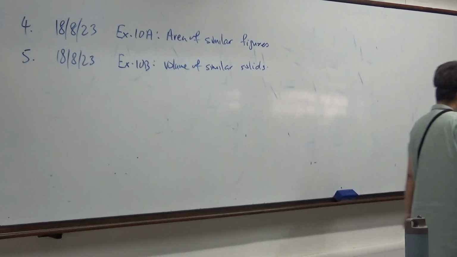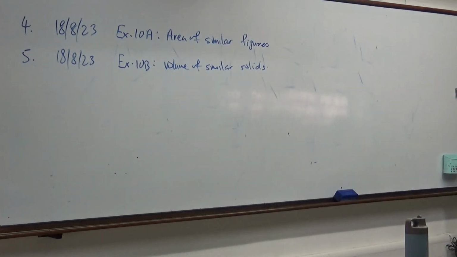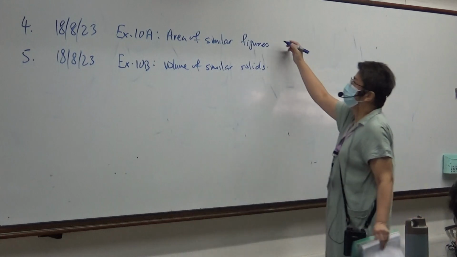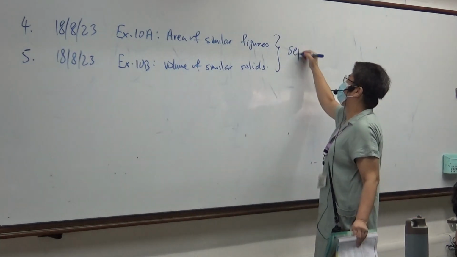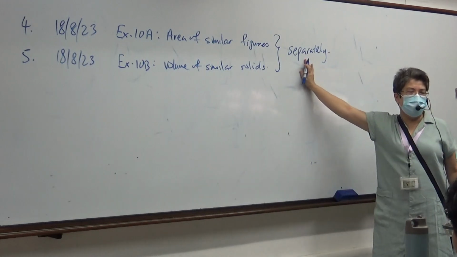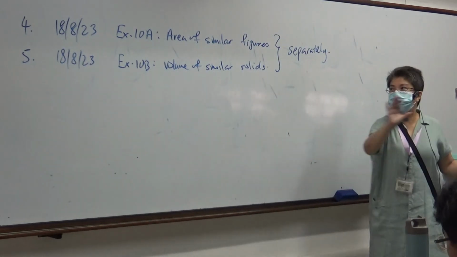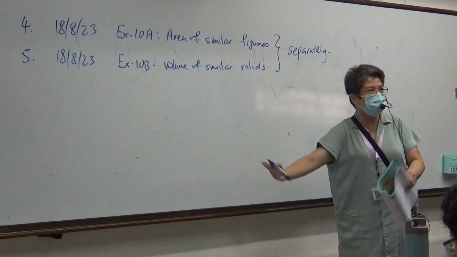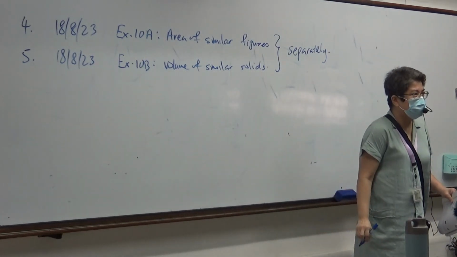Volume of similar solids. Now, I'm going to write these 2. You must do them on foolscap. That means 10A do alone, 10B do alone. Understand? Don't combine. Understand now?